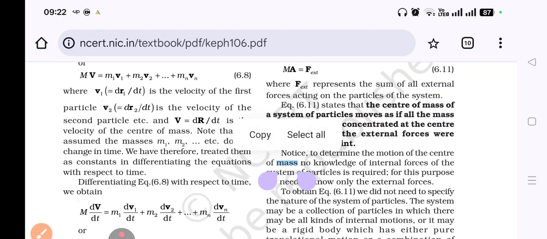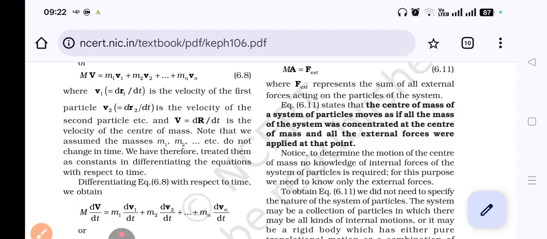This is the main crux of the whole center of mass idea: the center of mass moves just as if the whole mass of the body were concentrated at the center of mass, and all the external forces were applied at that point. The whole derivation idea is this.